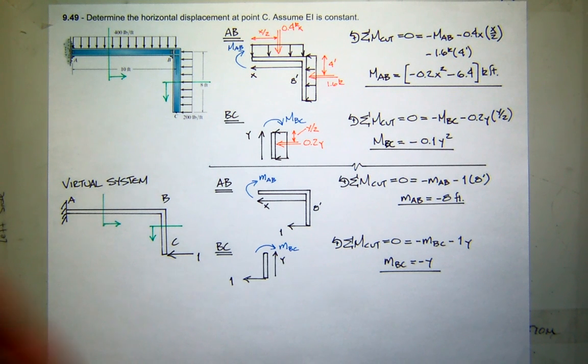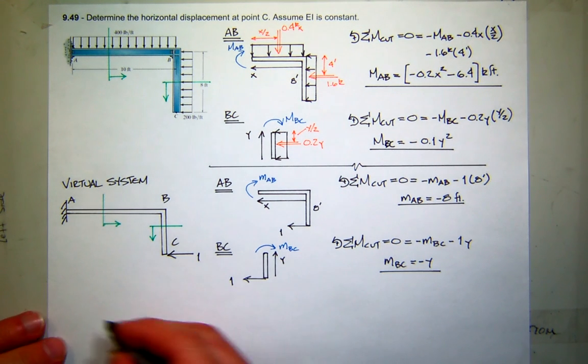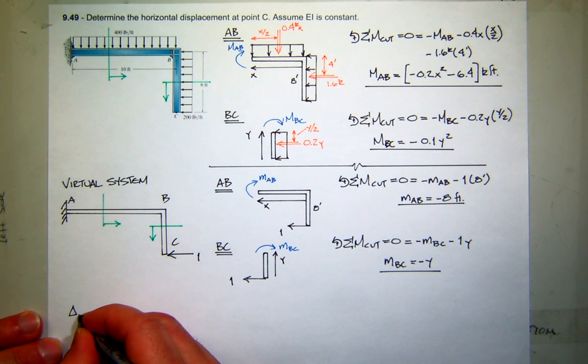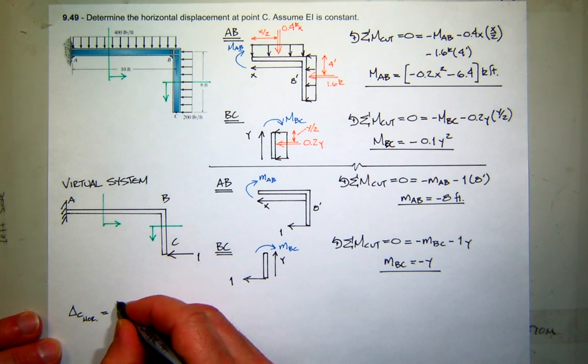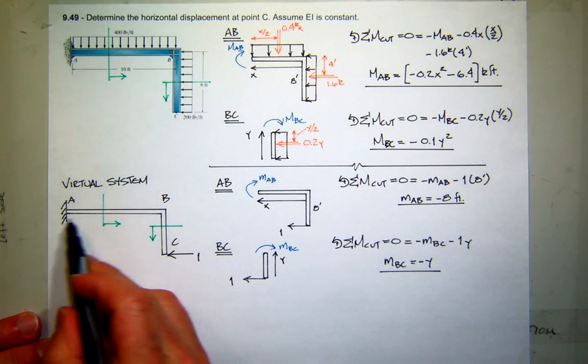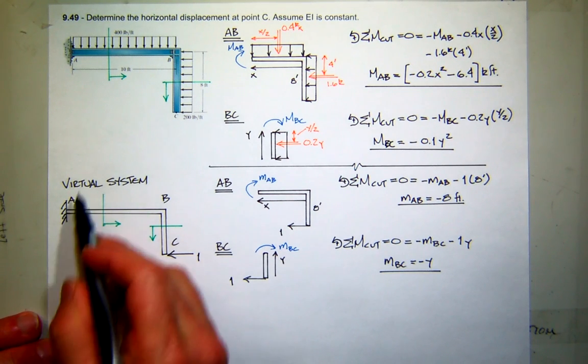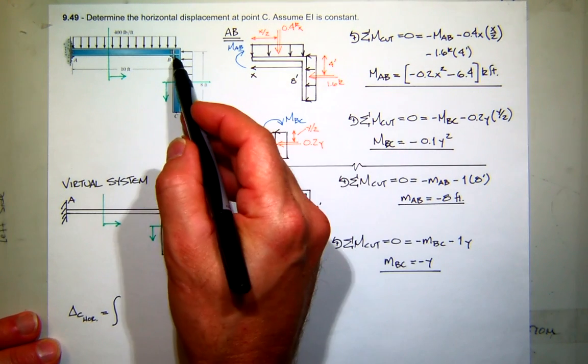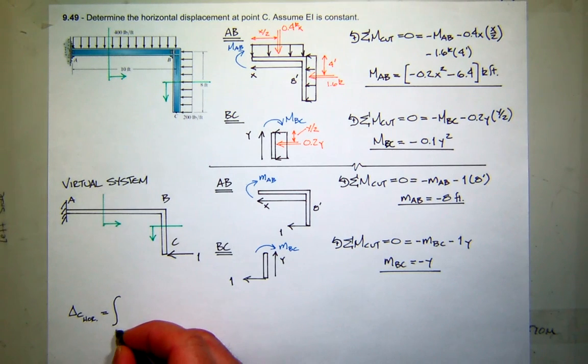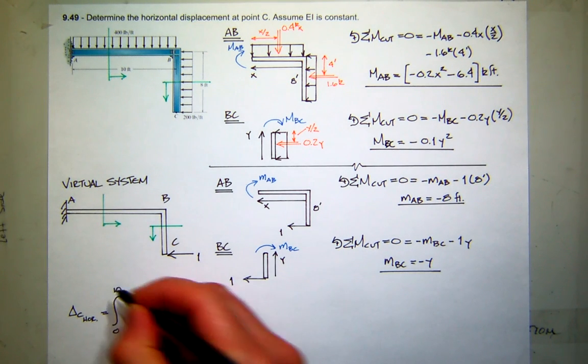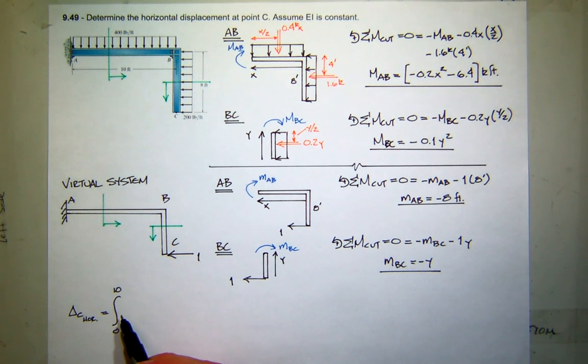So what do we do? Put the pieces together. So the displacement at C in the horizontal direction is going to be the integral. Let's do the AB section first. So that's going to go from 0 at B to 10. What's the real moment in that section?